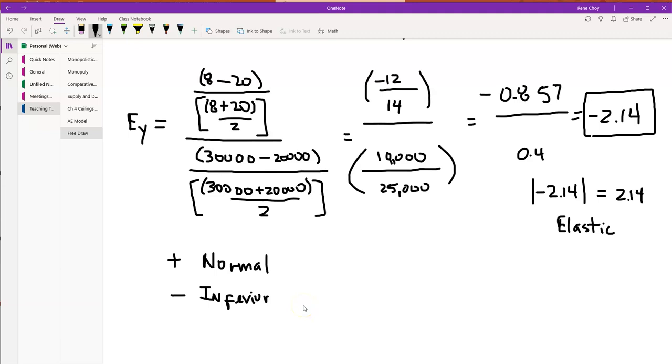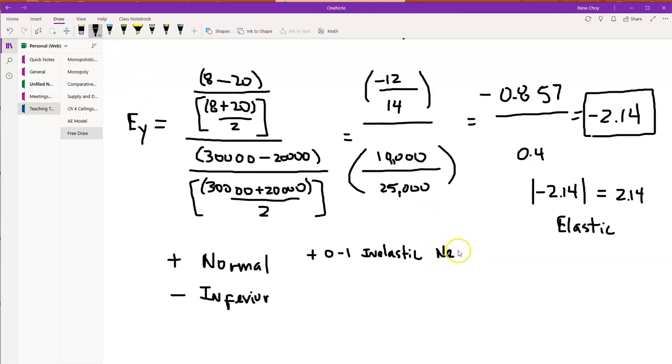Now we can take it a step farther, actually. If you end up with a positive number between 0 and 1, aka inelastic, then this is going to be a necessity as well. That end was terrible. All right?